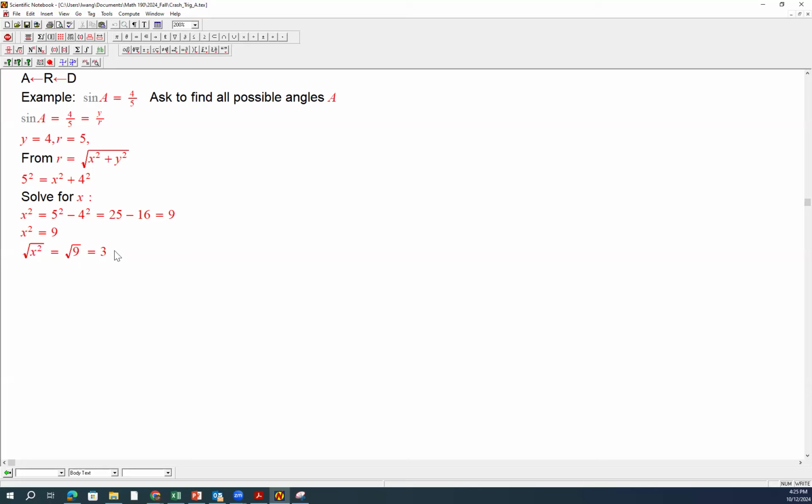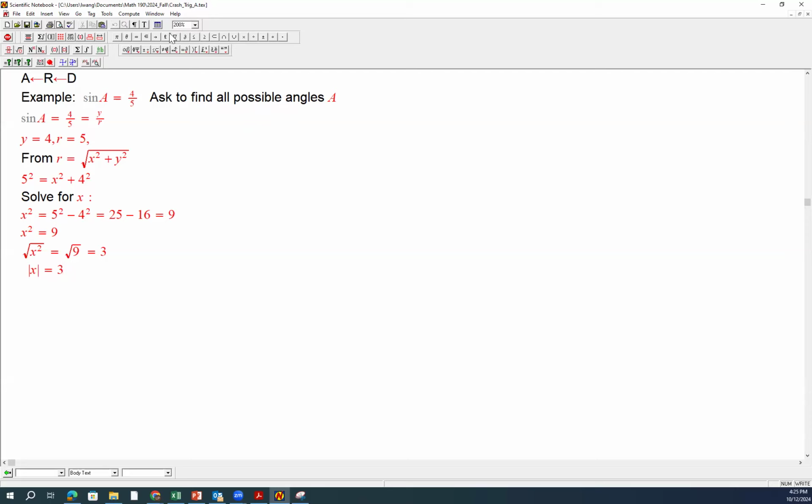And then what? If your answer is X equals 3, you're wrong. I would say it's incomplete. Okay? Incomplete. Why? Because there are two numbers. The square root of X squared is the absolute value of X. That equals 3.